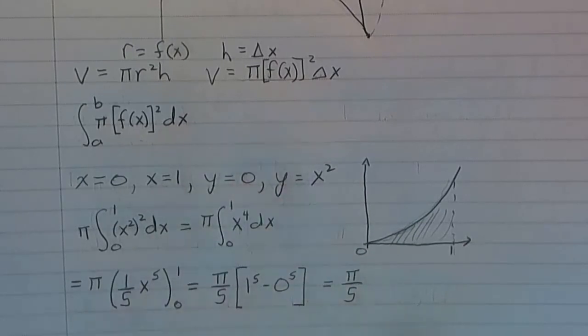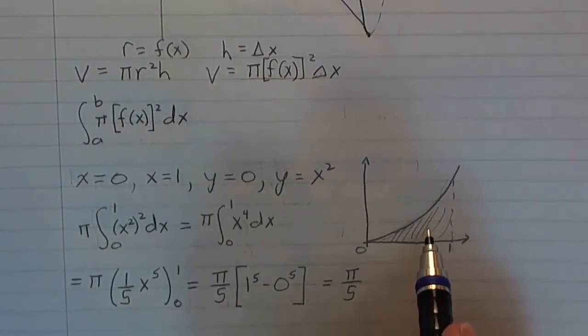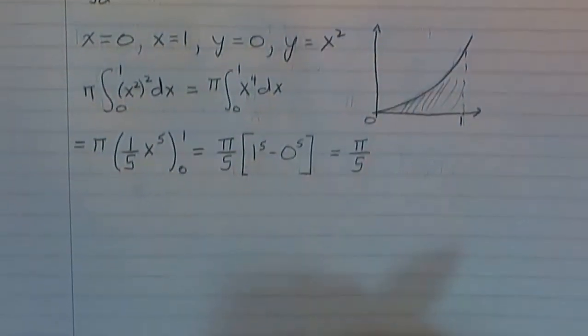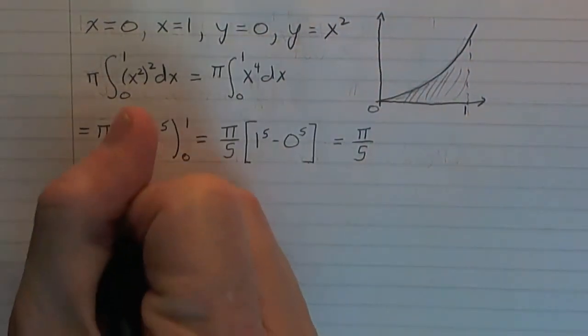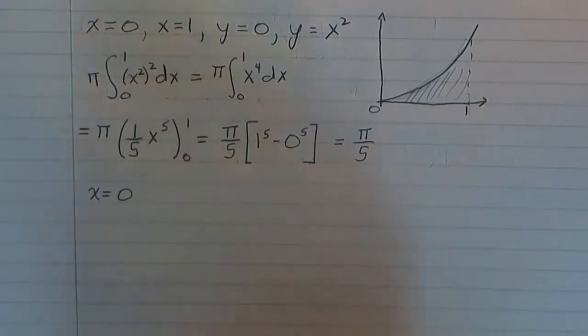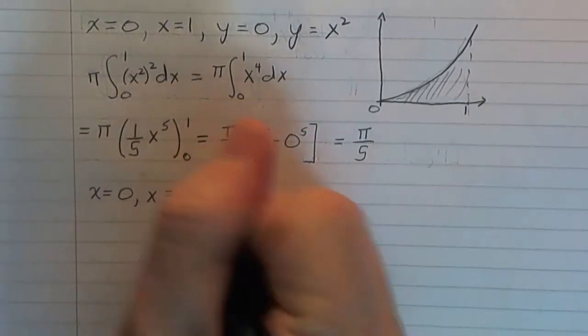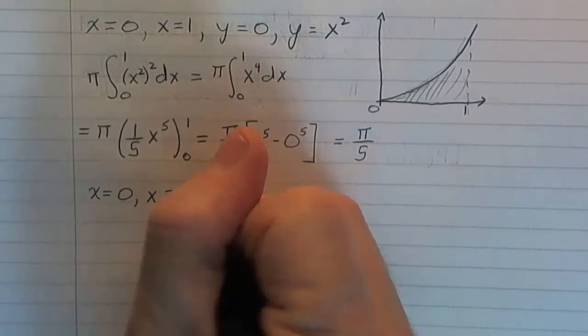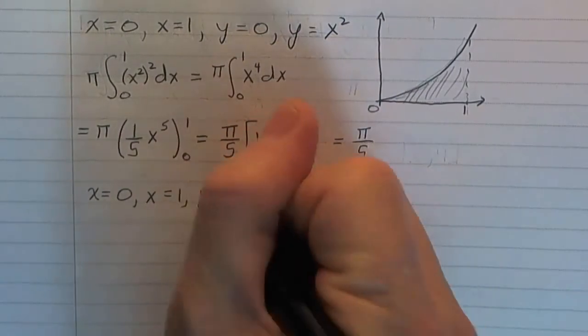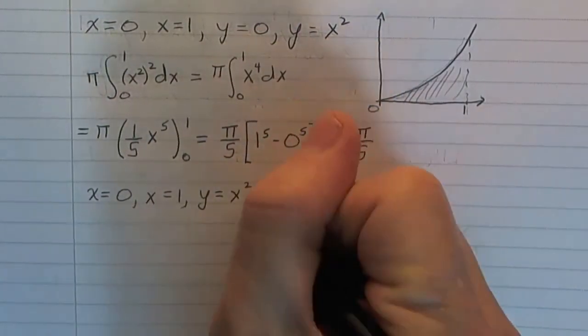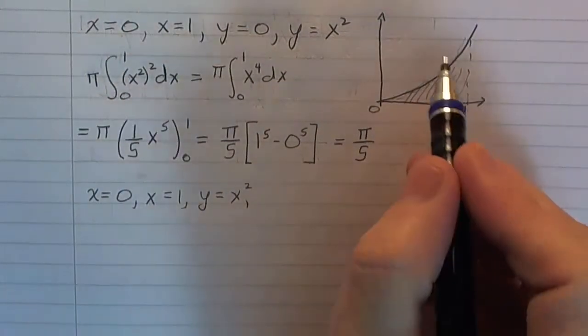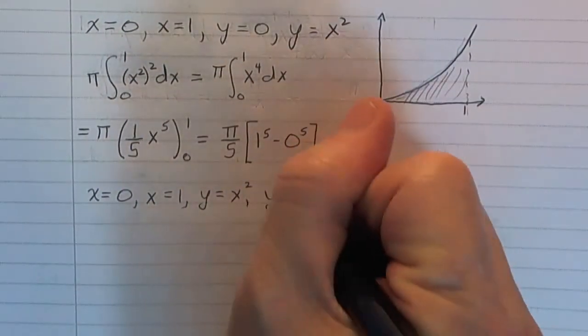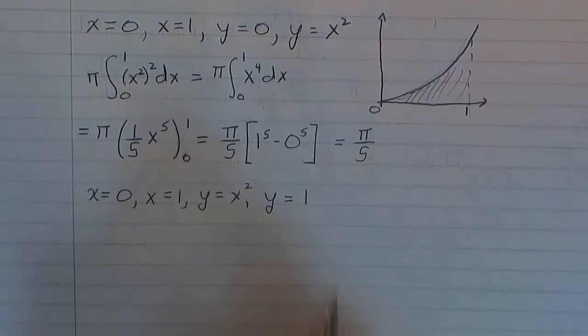Now, let's suppose that we change the region slightly. Let's suppose that we've still got x equals 0, x equals 1, and we've got y equals x squared like usual, but then we have y equals 1, not y equals 0.